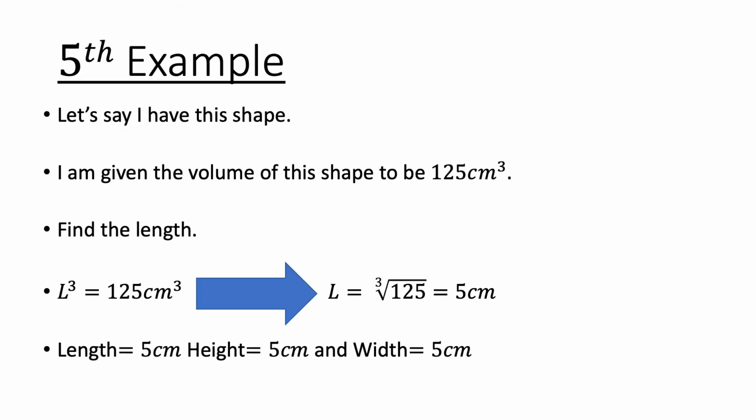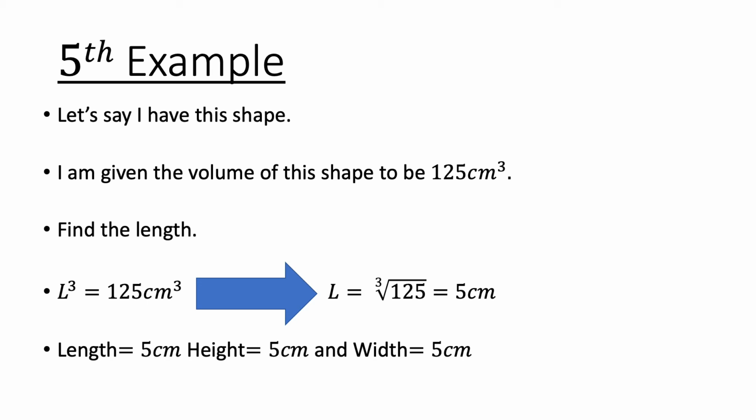Fifth example. Let's say I have this shape, and I'm given the volume of this shape to be 125 centimeters cubed. Find the length. Here this requires our knowledge of cube numbers.